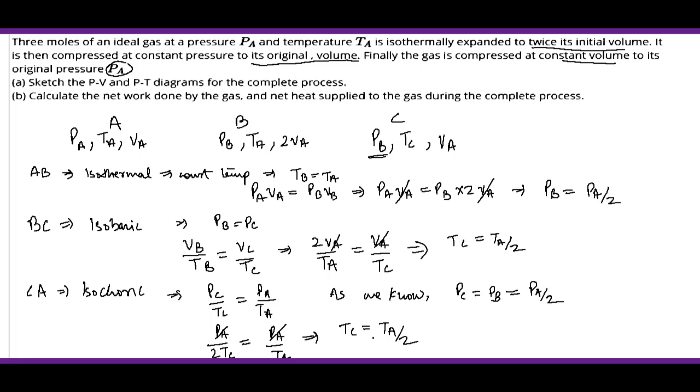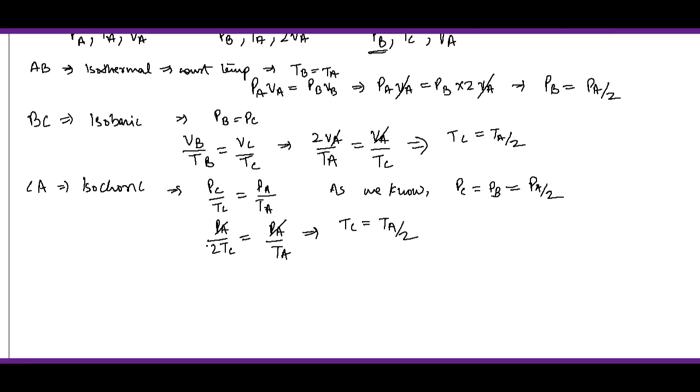So now we have all these positions or the coordinates of the graph. In order to draw the graph, suppose we have to draw this PV graph. Suppose this is P, this is V. As we know, A to B is an isothermal process.